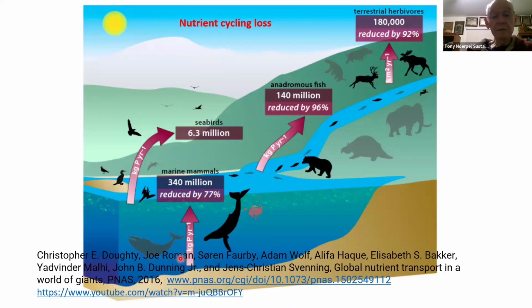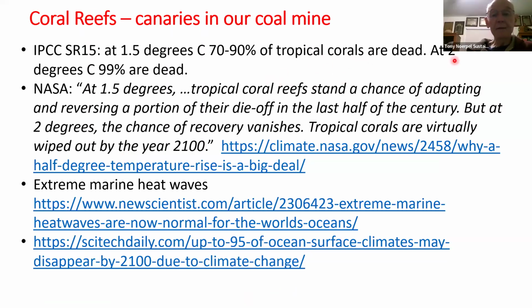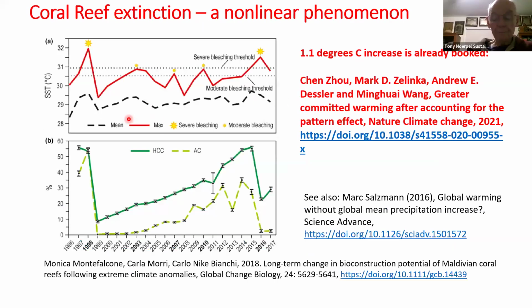Nutrient cycles: when we overfished all the whales, we disrupted this, in terms of all the other animals that went extinct. Coral reefs, again, they're going to be dead at 2 degrees. This is tropical coral reefs. This is from the SR15. This is from NASA. This is an explanation of why that's going to happen and why it's nonlinear.